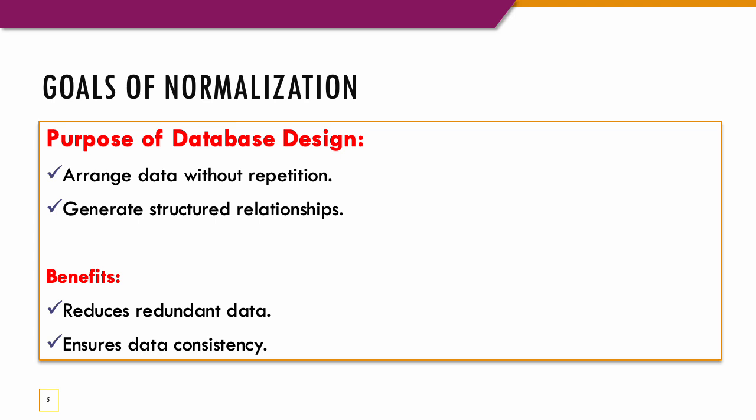Normalization ensures that each piece of data is stored in only one place, so when it's updated, there is no need to worry about inconsistency. For example, if a customer's address changes, you only need to update it in one table rather than several tables.